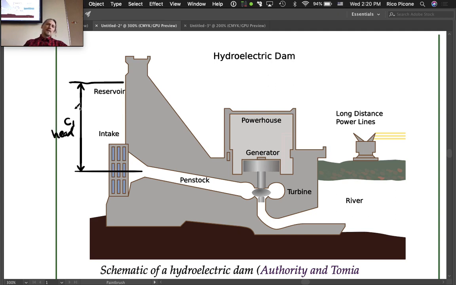So this reservoir is going to change height, right? If it was always going to be at the same height, we could say, oh, that's some given pressure source that's always constant.